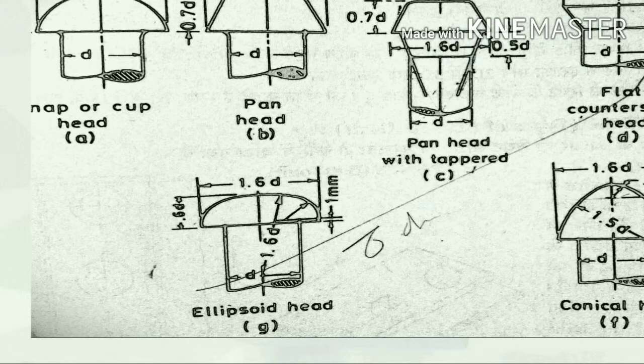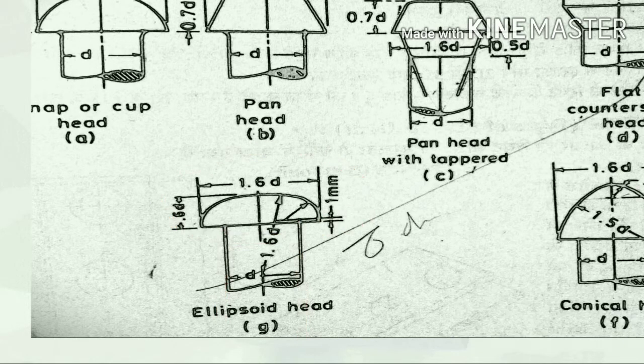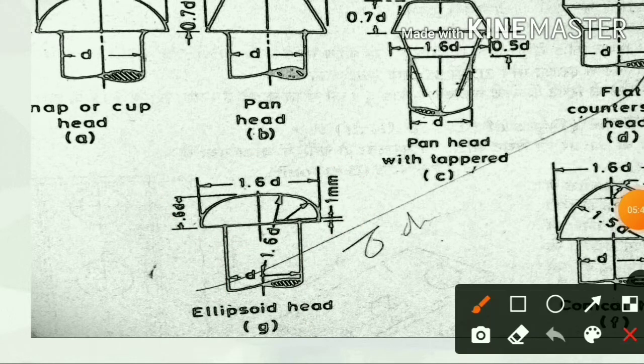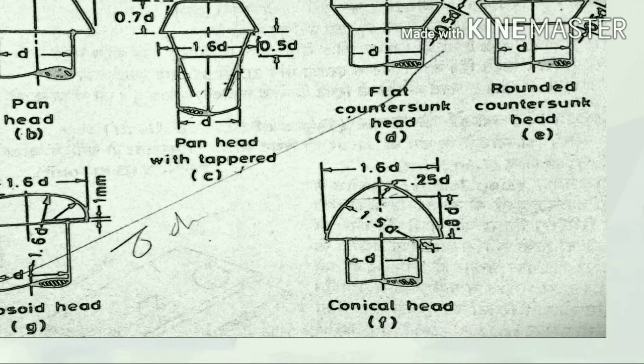Come to next, ellipsoid head. In this picture you can see this head looks like an ellipsoid head. This diameter is D, and this dimension is 1.6D. This radius is D, and this dimension is 0.6D. Come to next, conical head.